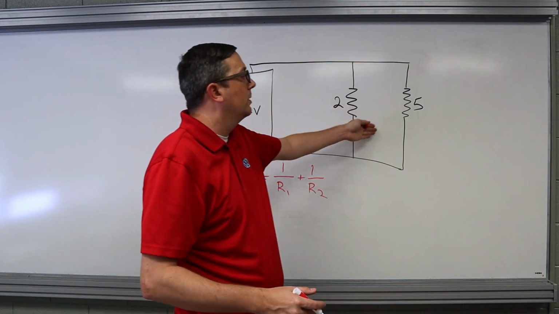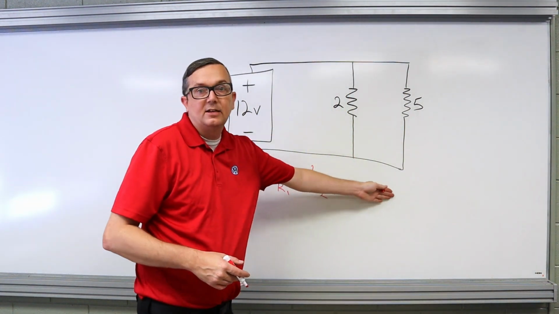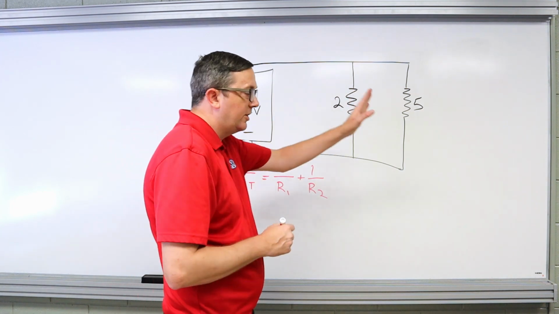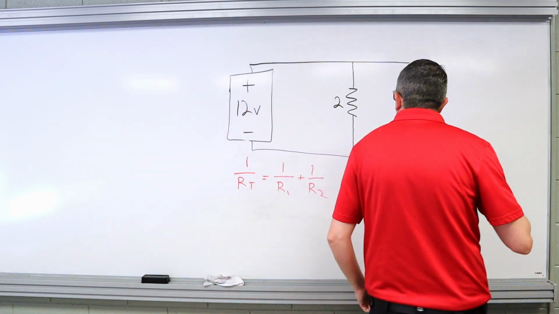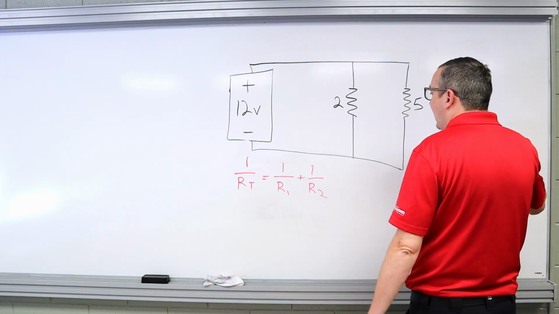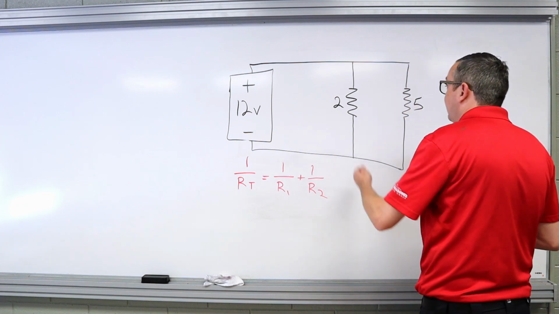If you had more and more legs to this, you would have more and more legs to your equation, okay? So let's rewrite this over here and plug in our information. So again, we're dealing with 12 volts, 2, and 5, and we're trying to figure out the total circuit resistance, okay? Which is going to be less than 2.